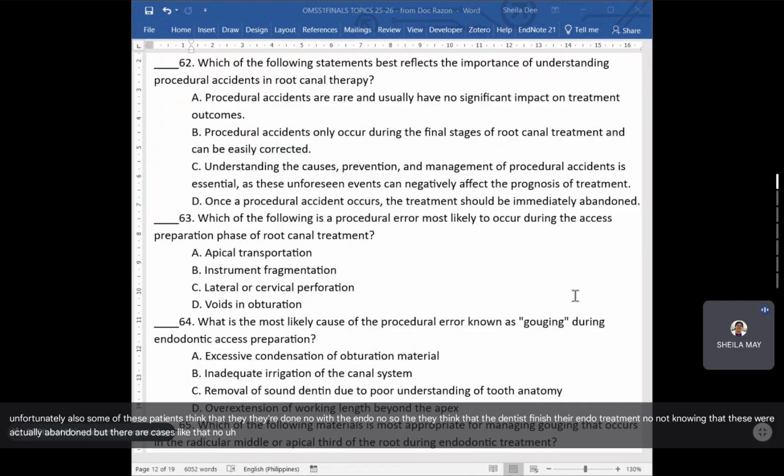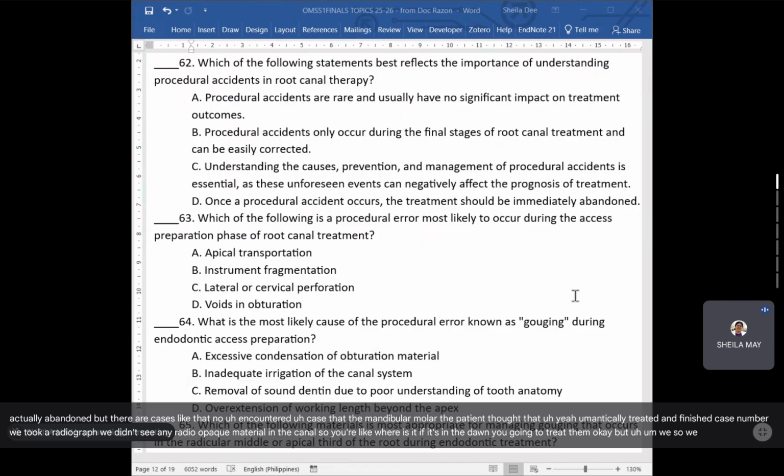I've encountered a case of a mandibular molar, where the patient thought that this was an endodontically treated and finished case, but we took a radiograph, we didn't see any radiopaque material in the canal. So you're like, where is it if it's endodontically treated?